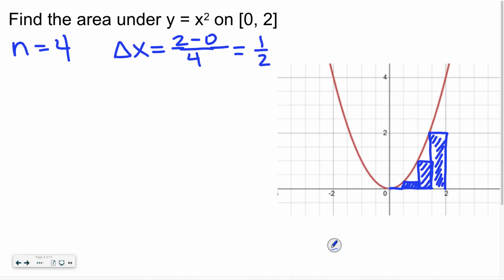So we need to find base times height of this, plus base times height of this, plus base times height of this, plus base times height of this.